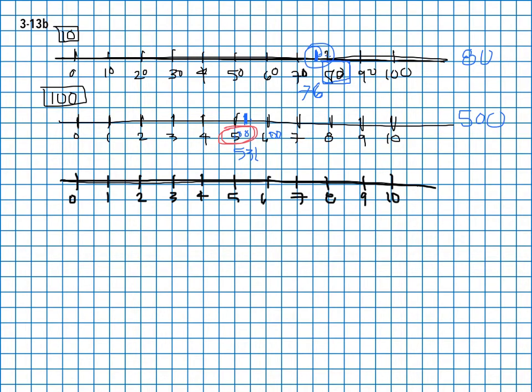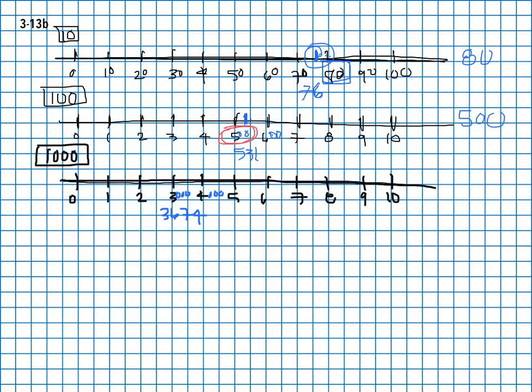This one we're going to round to the nearest 1,000. Our number is 3,674. Now these are going to be 1,000, and that's going to be 4,000.